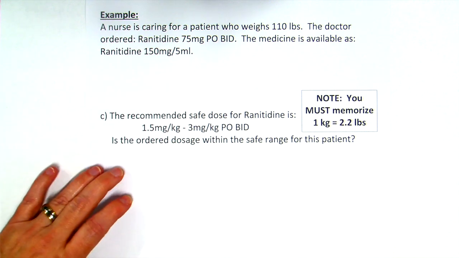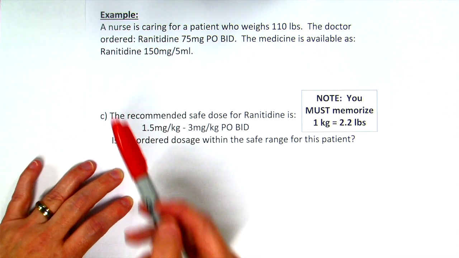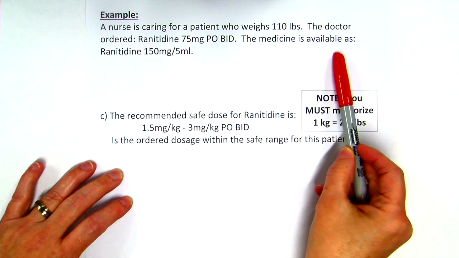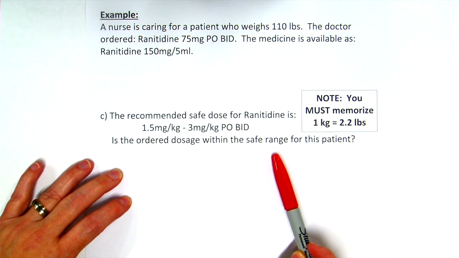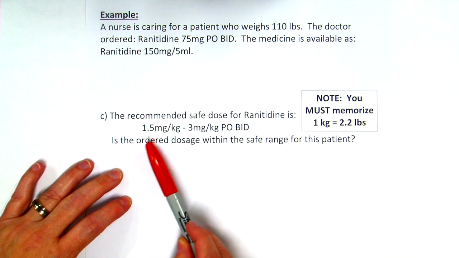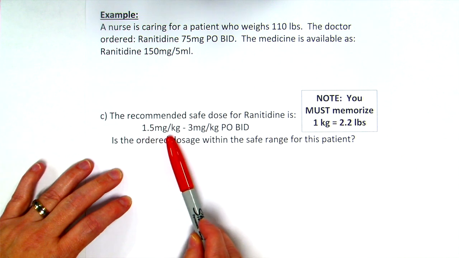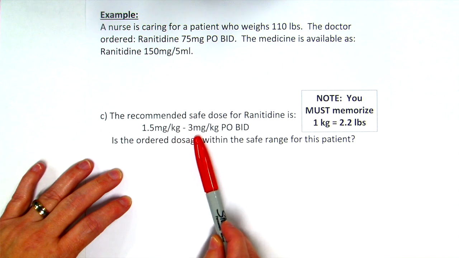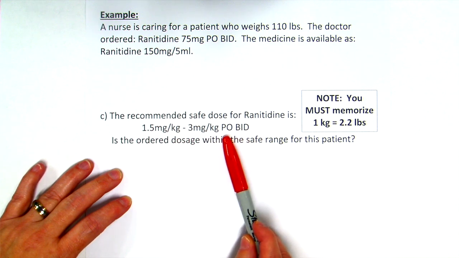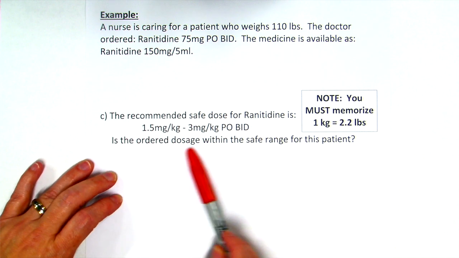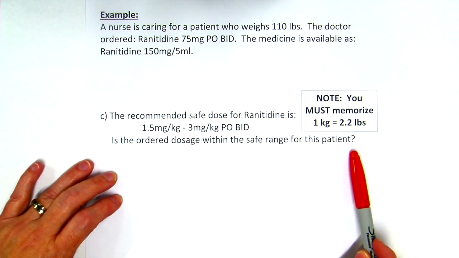Now we're ready to take a look at part C. I restated the question up here at the top. The recommended safe dose for ranitidine is 1.5 milligrams per kilogram to 3 milligrams per kilogram, PO BID. Is the ordered dosage within the safe range for this patient?